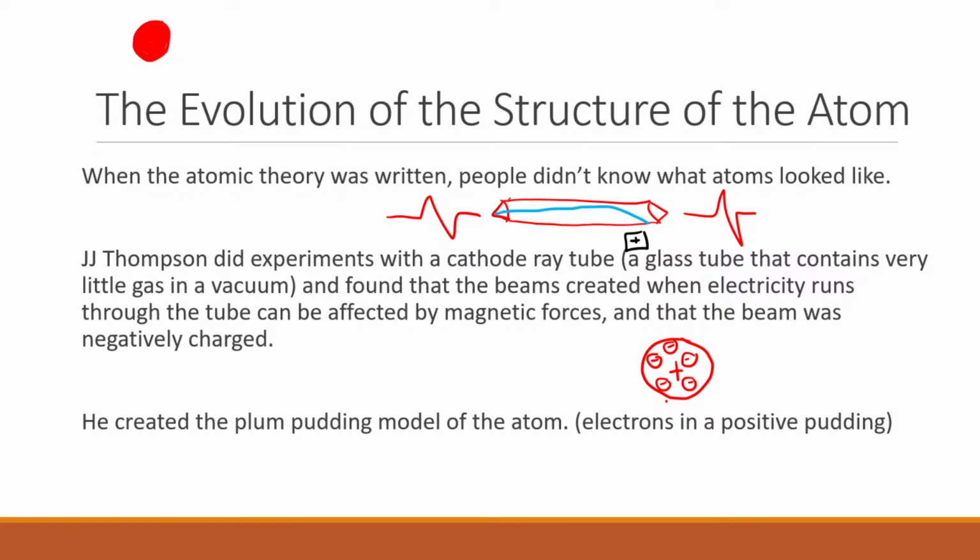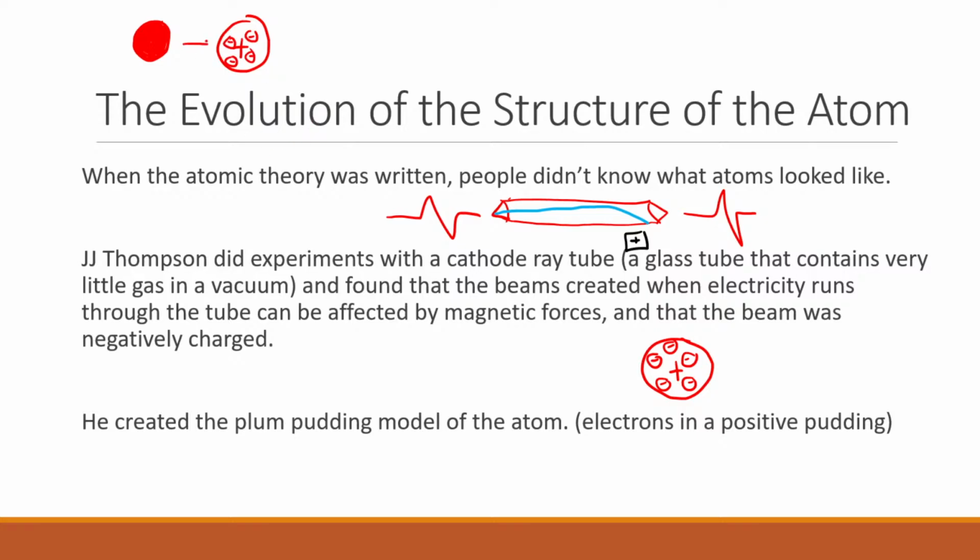Right, he says, okay, when I run electricity through these atoms, there's a negative part that gets activated. So an atom is not just a dense sphere, it is a positive sphere with little negative bits inside it.